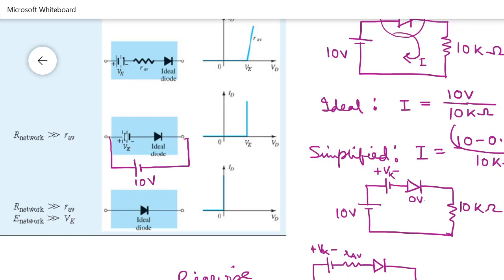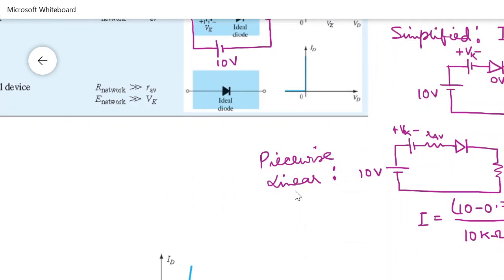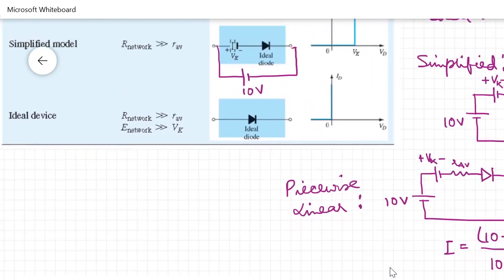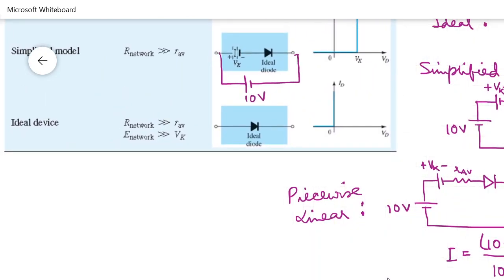But in most cases we understand that it is on with some offset voltage. This piecewise linear model we mostly don't deal with. But you remember this also, because in some problems you might see that the resistance connected is very small, so at that time you have to utilize this RAV also.